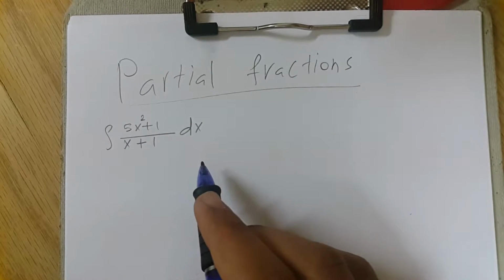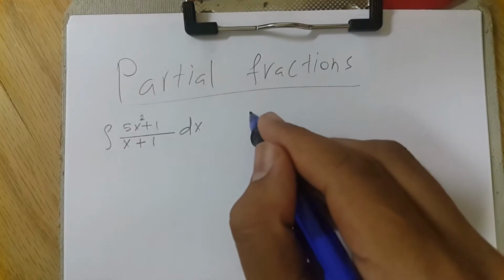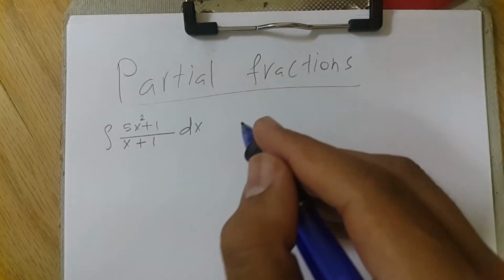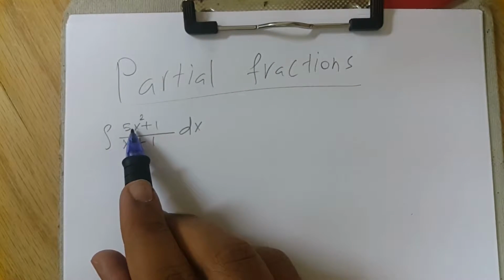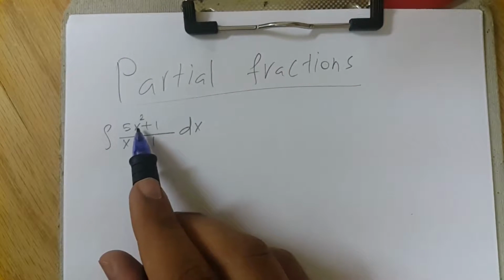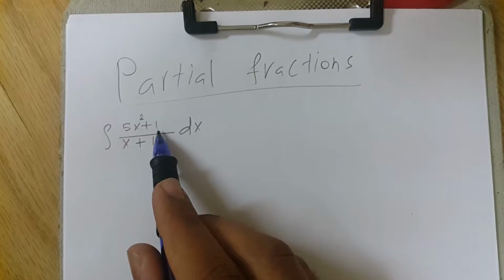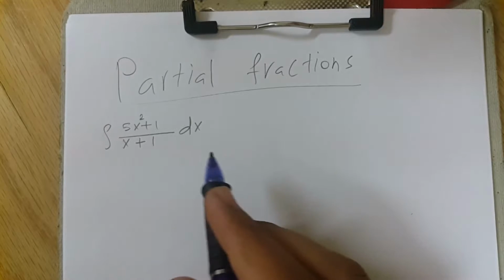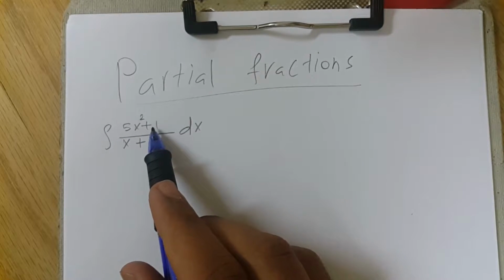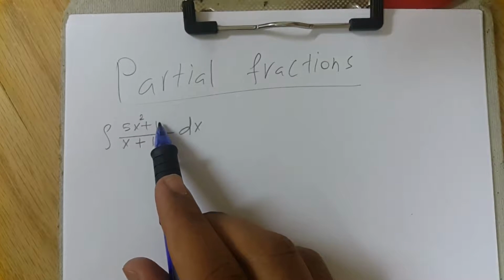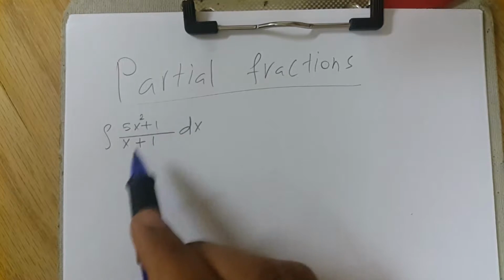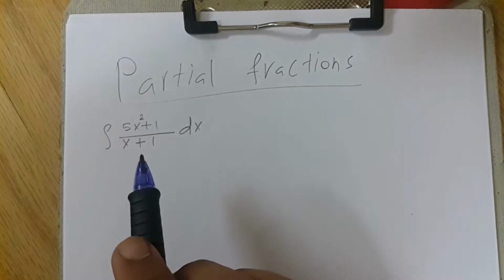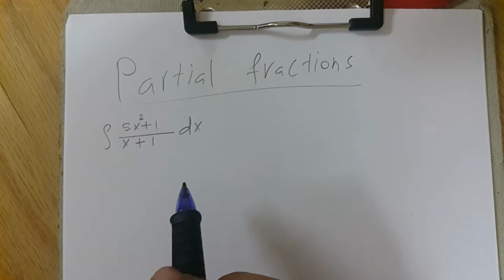Let's say 5x squared plus 1 is the numerator, and x plus 1 is the denominator. If the degree of the numerator is greater than or equal to the degree of the denominator, then you just do long division and you solve it.